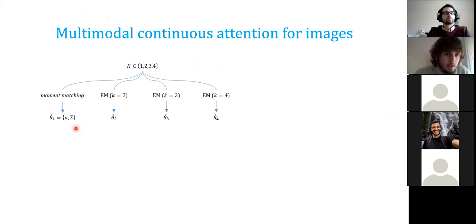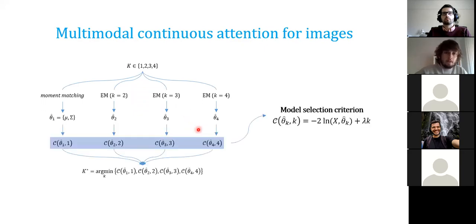So when k is equal to 1, we obtain the parameters using moment matching, and this is what we have done before. And when k is greater than 1, we run the EM algorithm for weighted data to obtain the final estimates. At test time, we compute the attention mechanism with an optimum number of components that basically is the one that minimizes this model selection criterion here that penalizes high values of k.